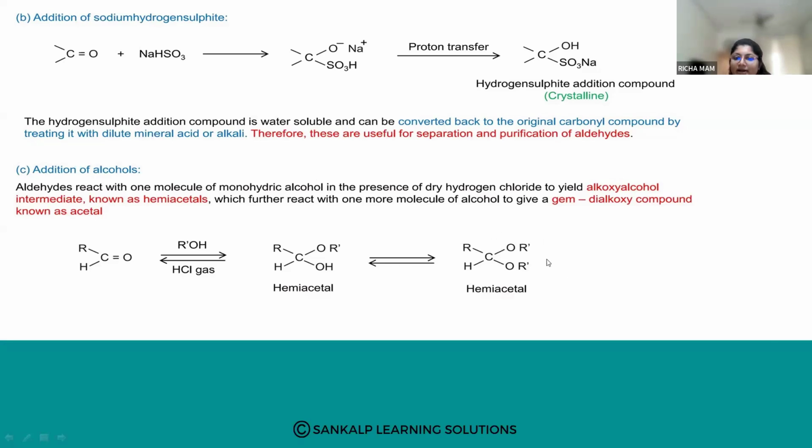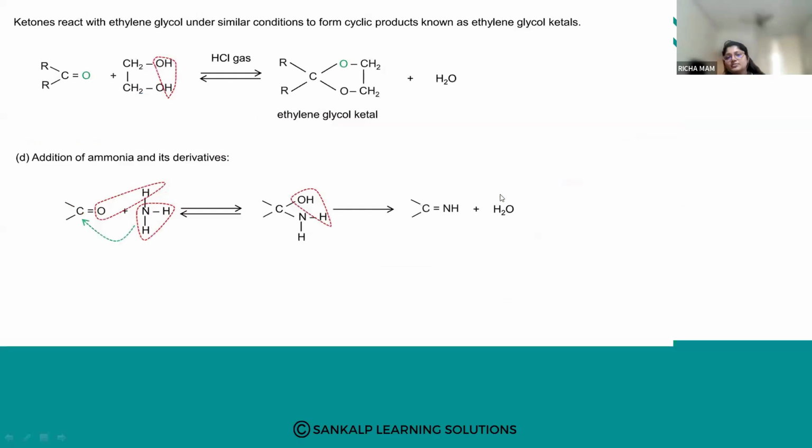Both hydrogens are replaced by your alkyl group, so you get a gem-dialkoxy compound, which is commonly called an acetal. Then we have seen the addition of ethylene glycol. A ketone reacting with ethylene glycol gives an ethylene glycol ketal.